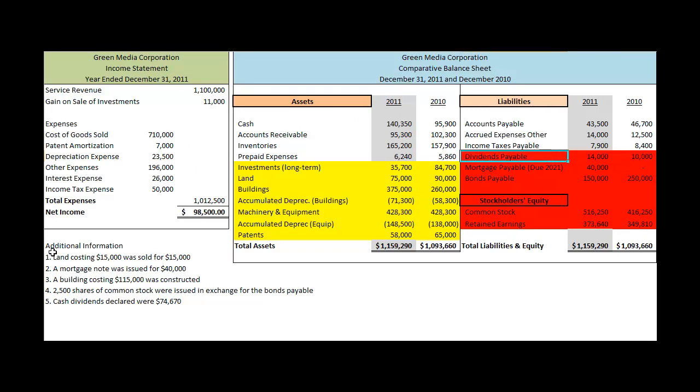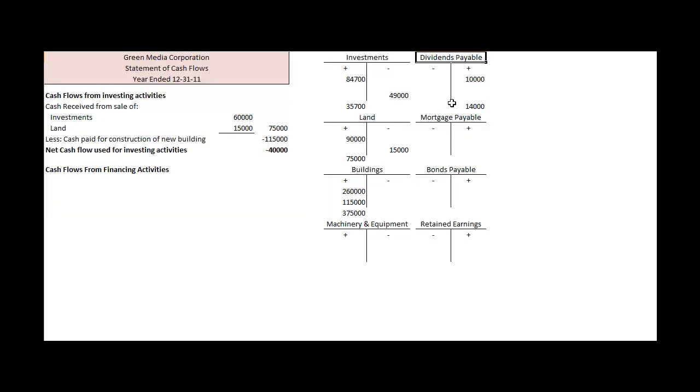In the additional information, I'm told in number 5 that cash dividends declared throughout the year were $74,670. So somehow this factors into the change here, because if you recall from our earlier chapters, a dividend declared is a dividend payable. What happens when I declare $74,670 is I'm increasing how much I'm promising to pay at some future date.